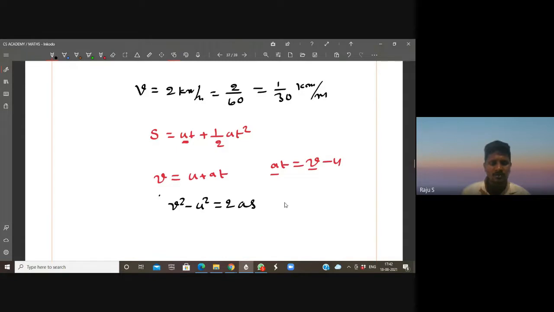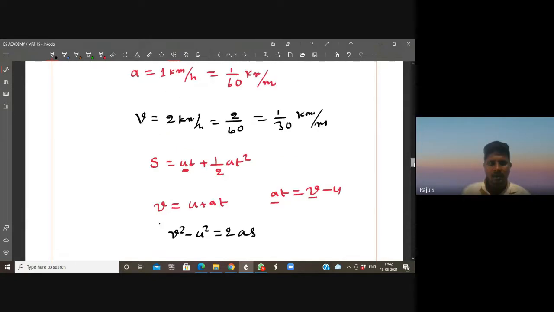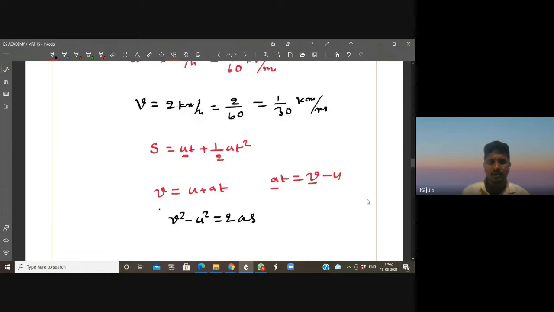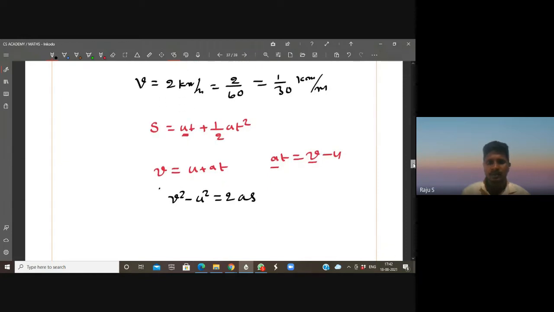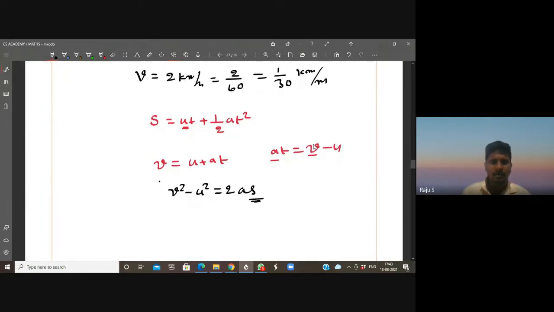Clear, students? Yes, sir. Okay, fine. With the help of all these formulas, you have to find both the speeds, and finally we have to find the S value at the end of the 2 minutes. You have to substitute all the values.